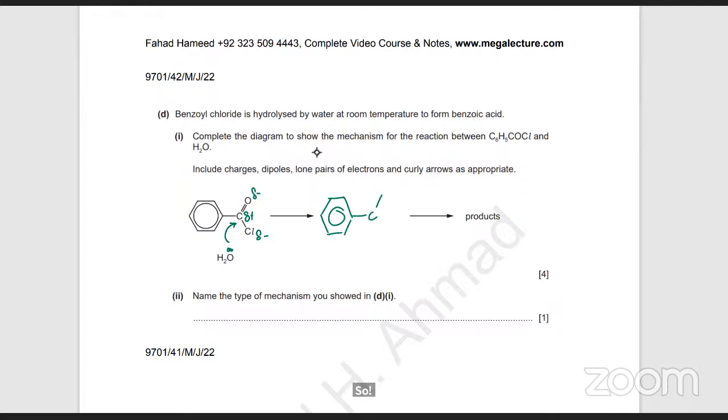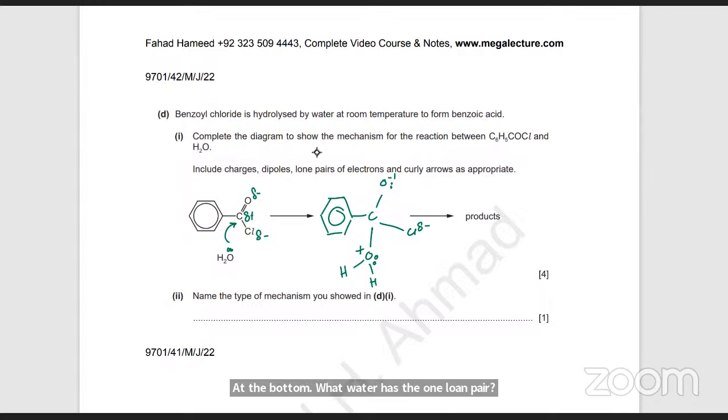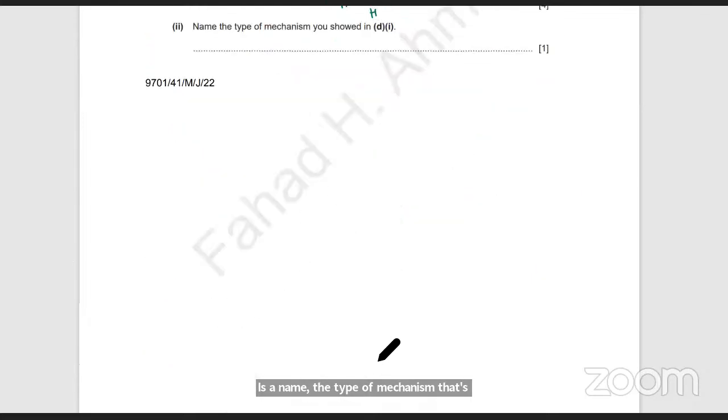So O-1, Cl, and then the water gets attracted at the bottom, but the water now has 1 lone pair and it's positively charged. Our next step is the Cl takes away the electrons from the oxygen, they come back. So name the type of mechanism. That's nucleophilic addition elimination. Okay, that's the name.